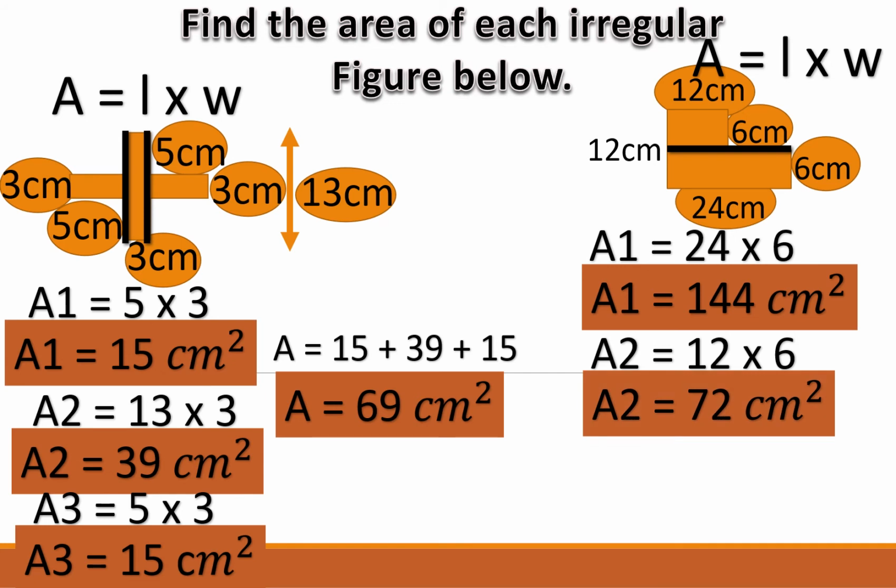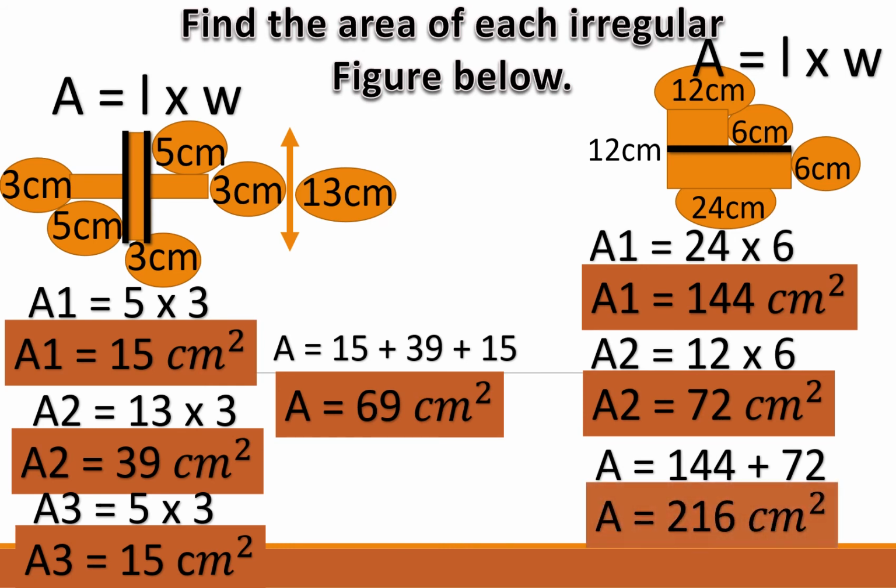And 12 times 6 is equal to 72 square centimeter. So to be able to find the area of this irregular figure, we will combine by adding. So the area now is 144 plus 72, which is equal to 216 square centimeter. So that is the area of that irregular figure.